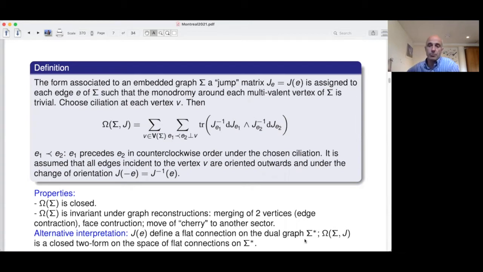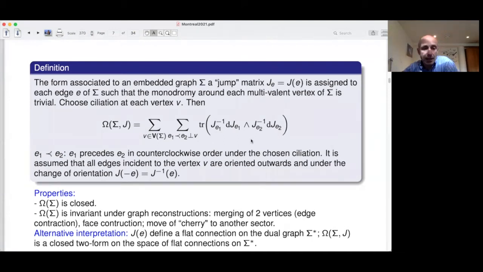Because if on the edge of my original graph sigma I have the jump matrix, it's the same as the transport matrix along the edge of the dual graph. Now, the flatness condition here is assumed: for all the vertices of the graph, the product of jump matrices along the edges coming to this vertex is 1, right?